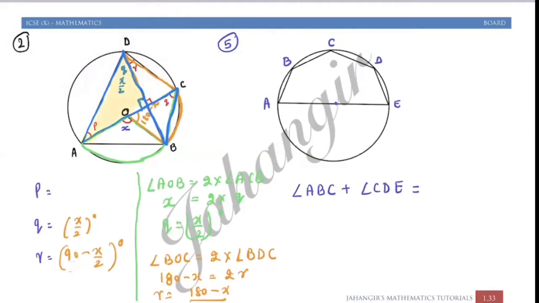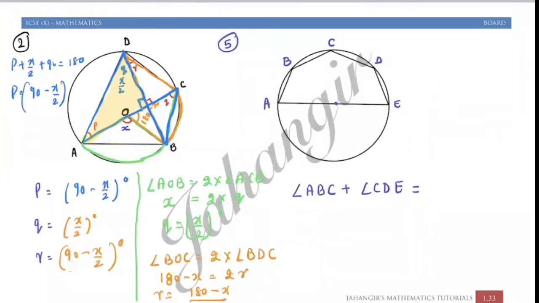If we consider this triangle, we get P plus X by 2 plus 90 is equal to 180. So P is 180 minus 90, which is 90 minus X by 2. So we can write P as 90 minus X by 2 degrees.